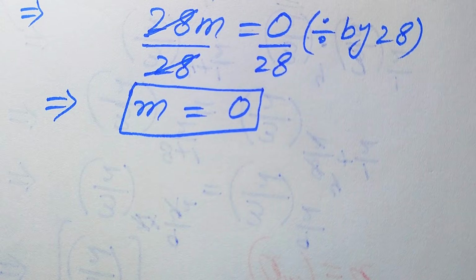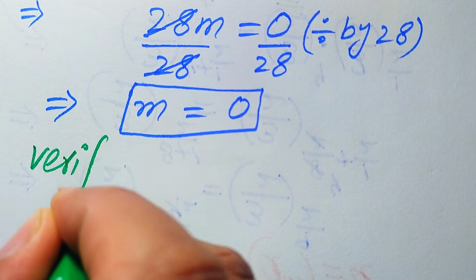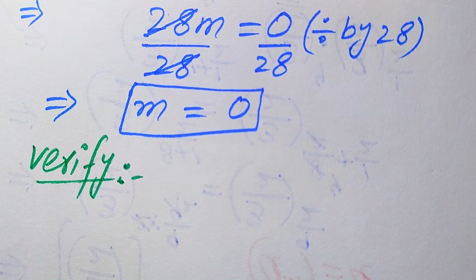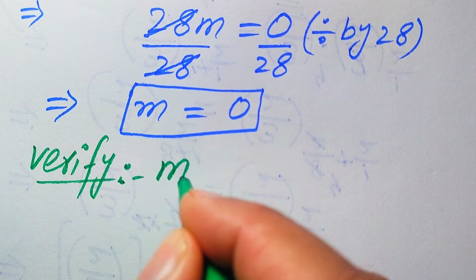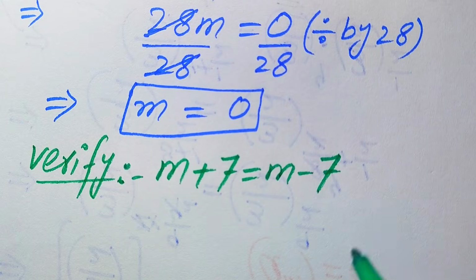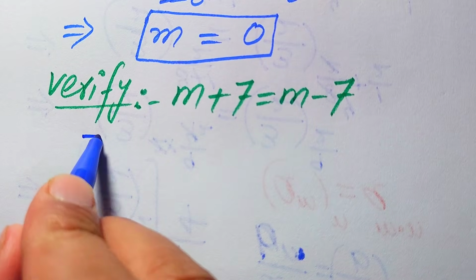But now in the next step, we need to verify whether this value of m is a solution or an extraneous root. For this, we copy down the given question statement. Here it is m plus 7 is equal to m minus 7, and here we substitute the above value of m on both sides and check its behavior.